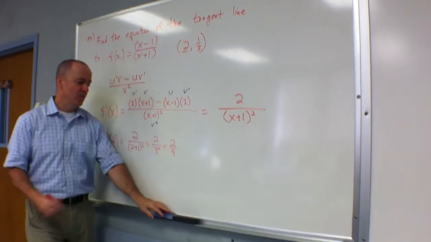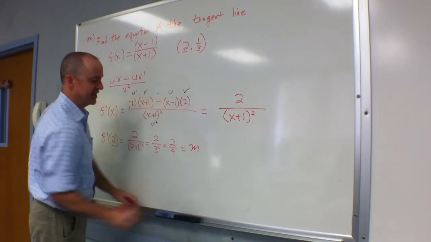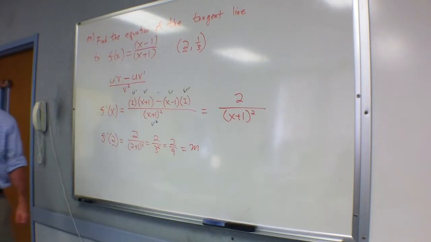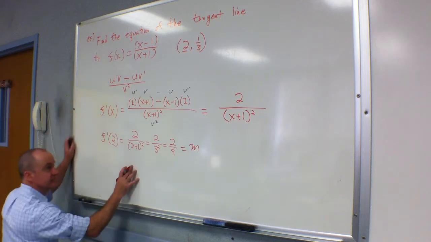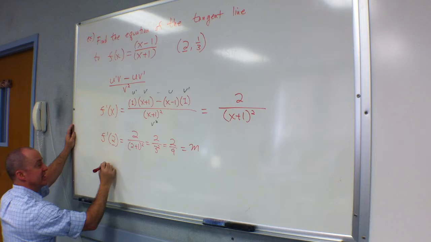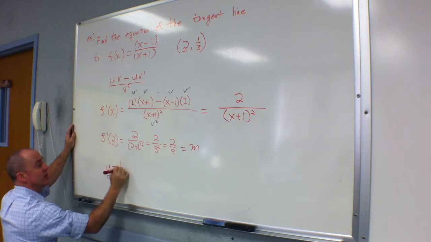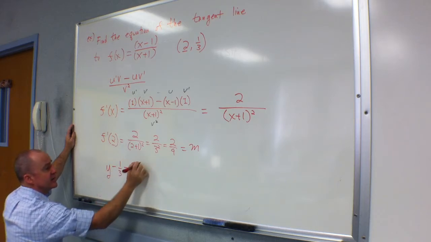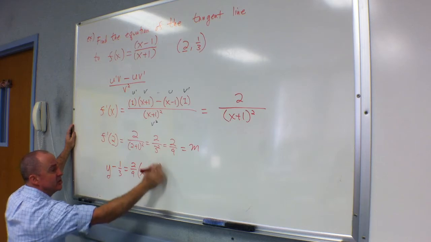So that's my slope of my tangent line. They didn't specify a format for this line, but point slope is almost always the least work in this case. So y minus 1/3 equals 2/9 times x minus 2.